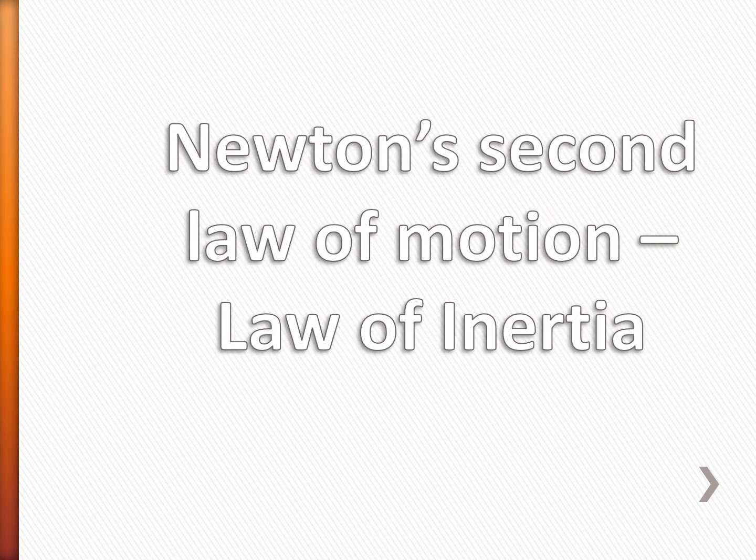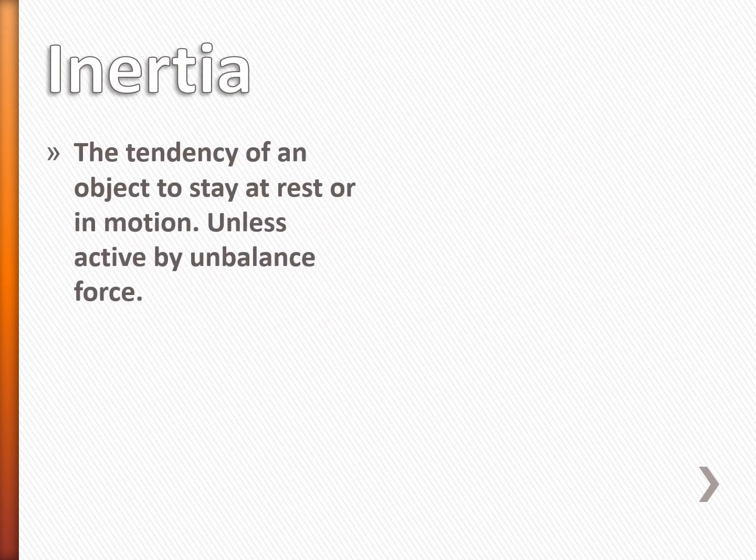Newton's first law of motion, in other words, is also called the law of inertia. The law of inertia explains why forces tend to be balanced or unbalanced. The law of inertia is the tendency of an object to stay at rest or in motion unless acted upon by an unbalanced force.